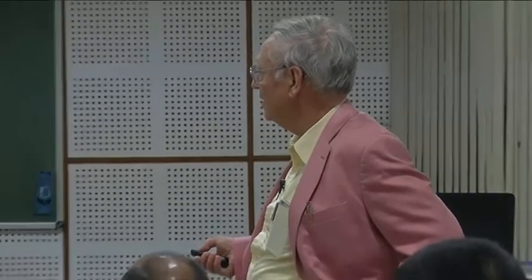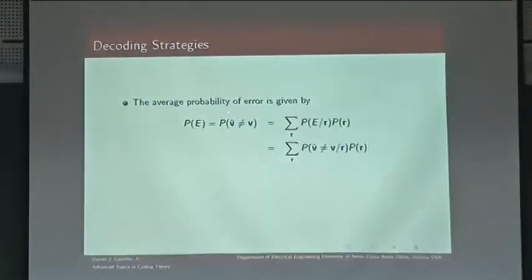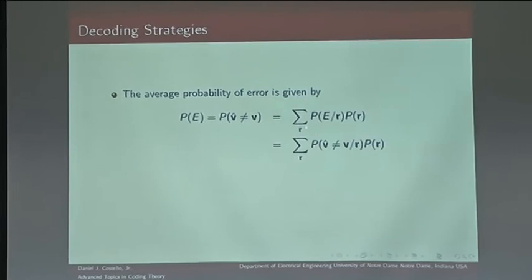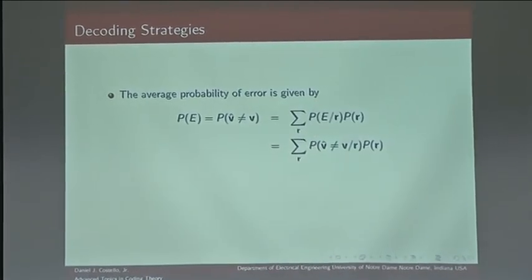In order to do that, we have to have an expression for the probability of error. So the average probability of error, just the probability that our estimate V hat is not equal to V, can be written this way.